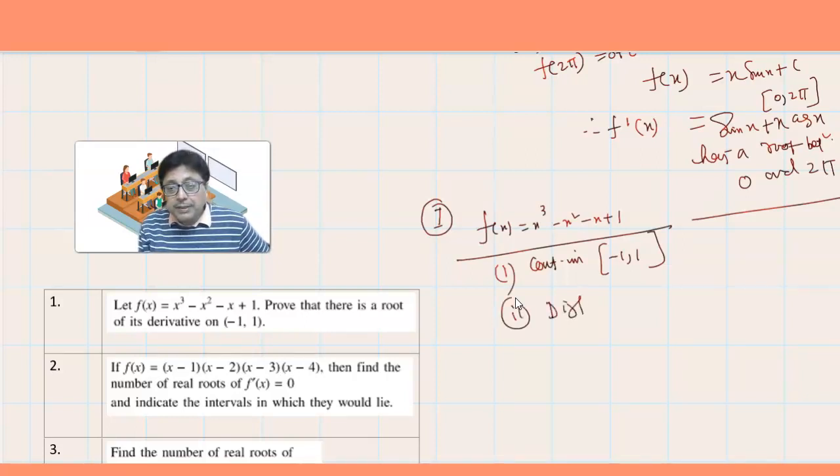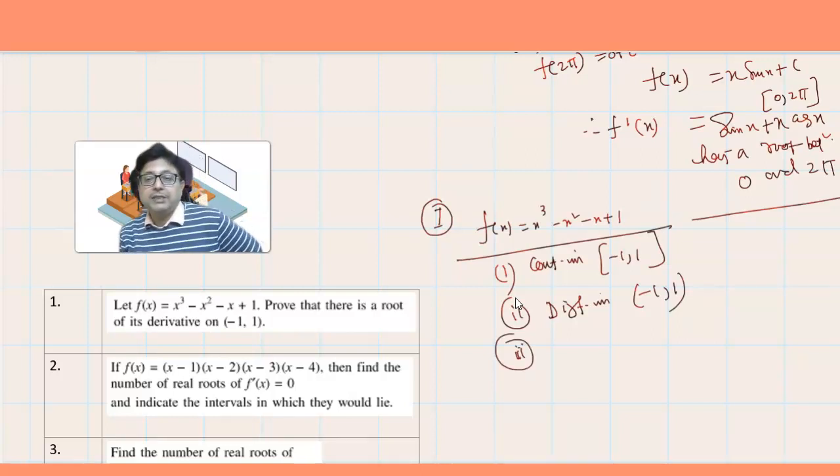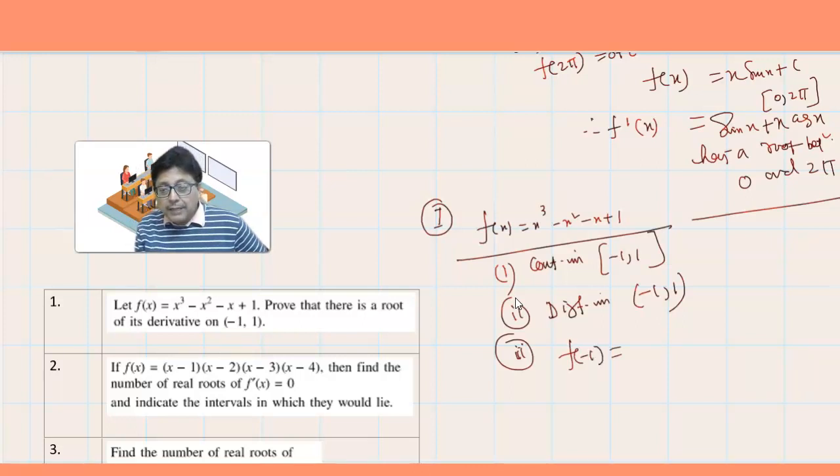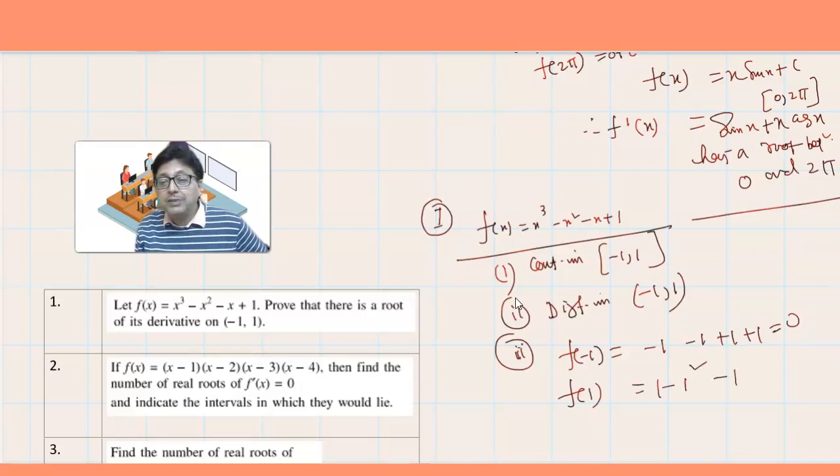So differentiable in minus 1 to 1. And number 3, f of minus 1 is minus 1 minus 1 plus 1 plus 1, which is 0. And f of 1, if you calculate, it is going to be 1 minus 1 minus 1 plus 1. This is also 0. Okay.